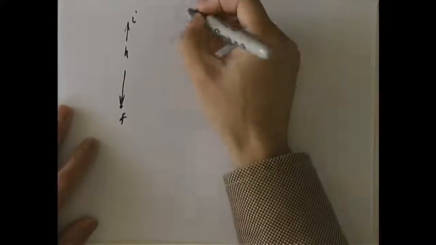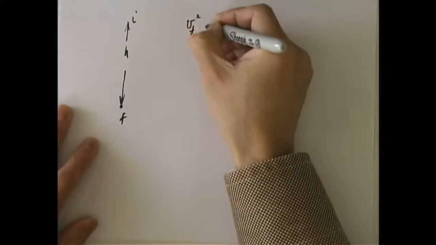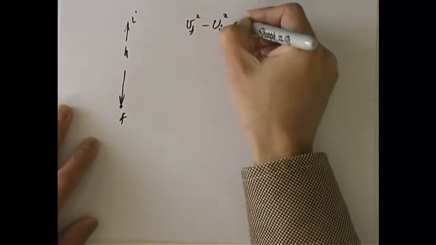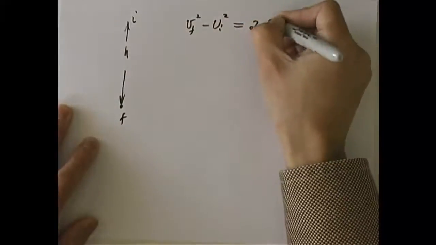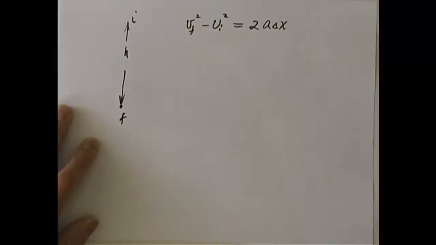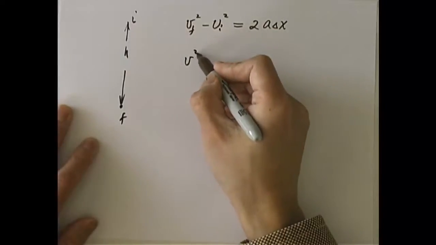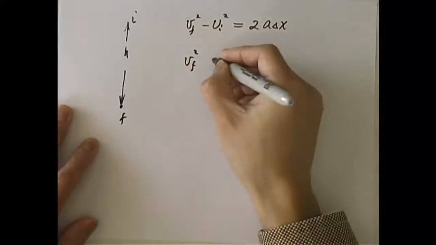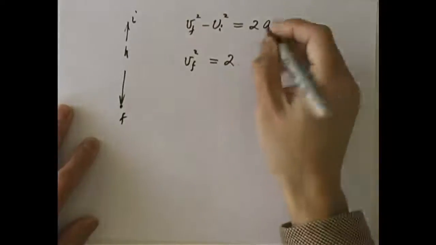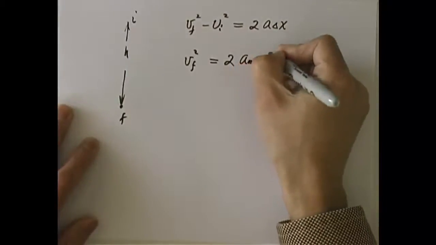Remember that formula? V final squared minus v initial squared equals 2a delta x. That's the generic formula. In our case, we're looking for v final. So v final squared, with v initial 0, equals 2 ACM times h.